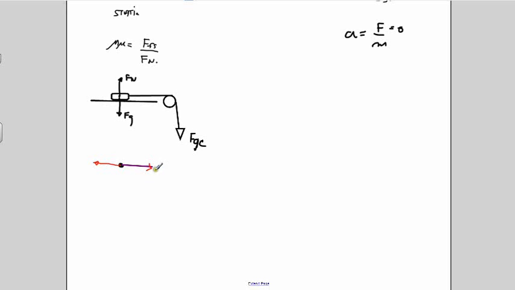And we said, aha, based upon that, the force of friction static was equal to the force of gravity in the cup. That's where the force of friction static just couldn't hold on anymore.